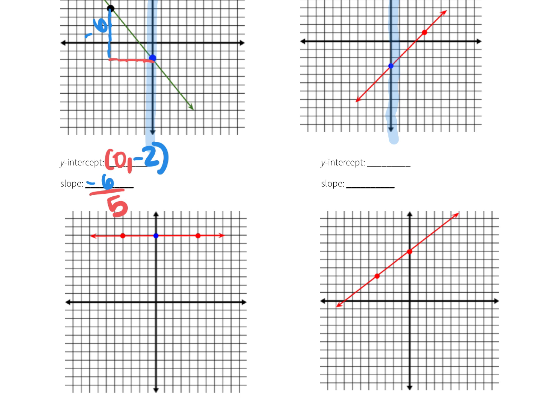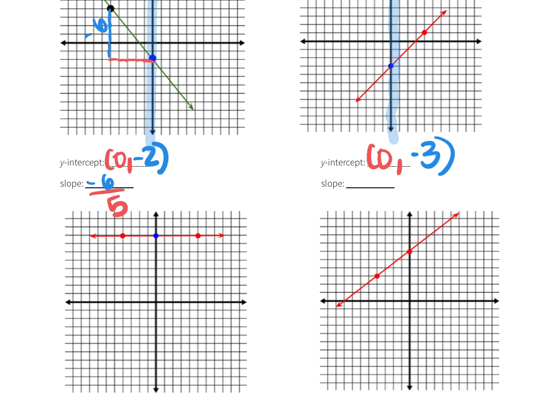So my origin is here. It is 1, 2, 3. So that means my y-intercept is 0, -3.